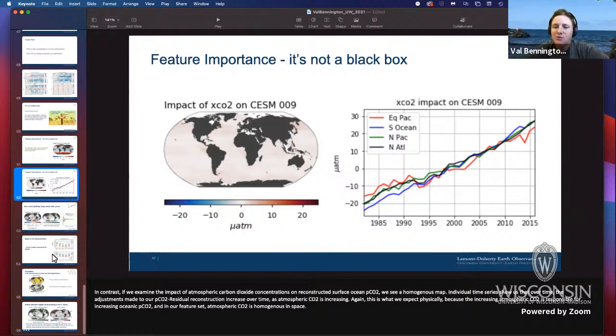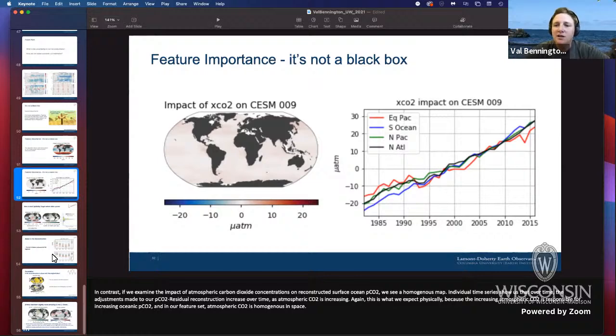I'm trying to get at some of that within the test bed, and we've done a little bit of that where we pretended to have more data. In the test bed, you can do that with the model data and ask, what if we had sampled the Southern Ocean for 10 years instead of 1 year?